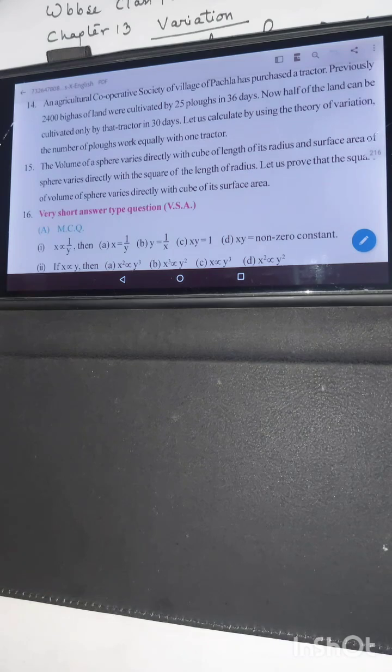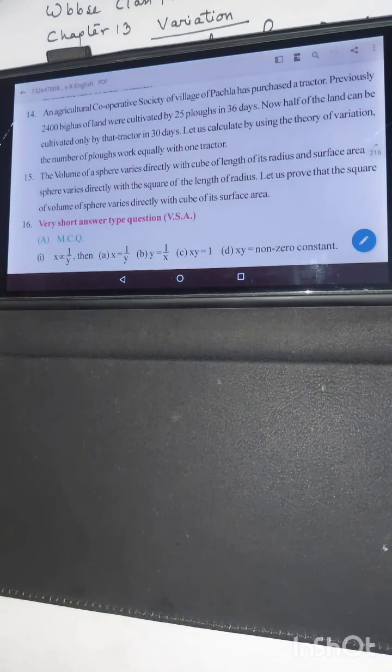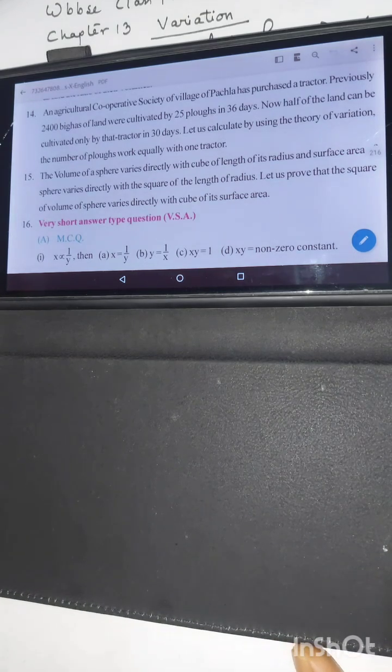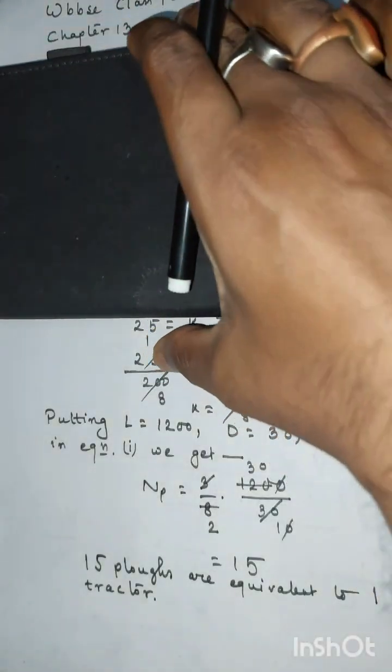Let us prove that the square of volume of the sphere varies directly with cube of its surface area. Let us first write the given information.